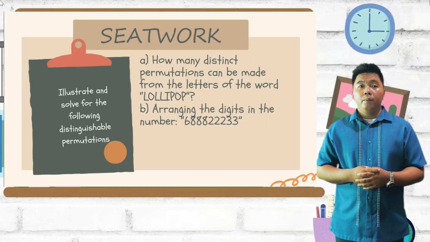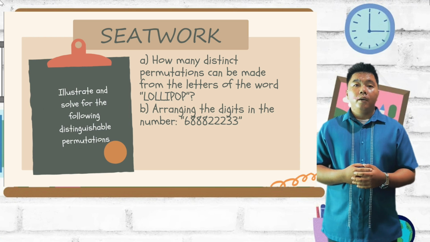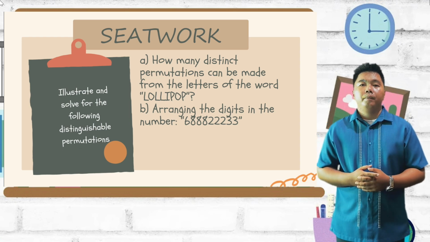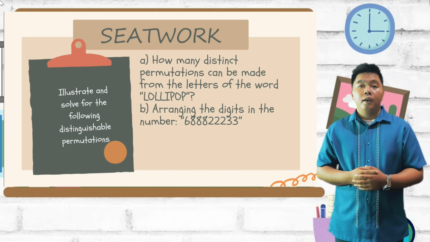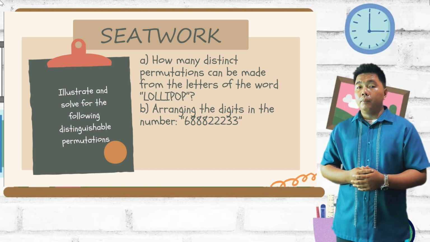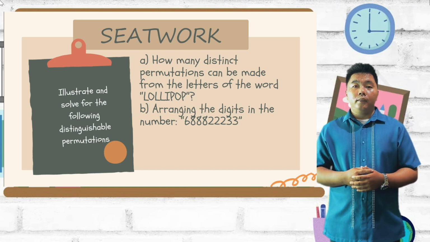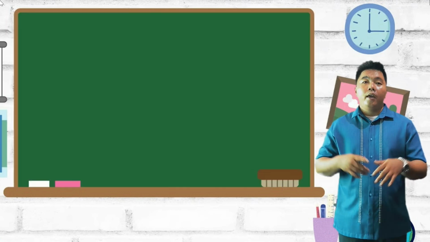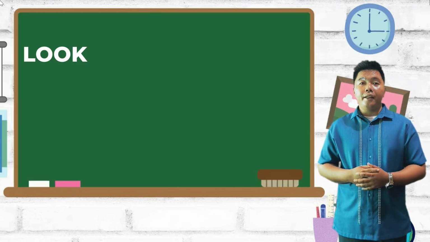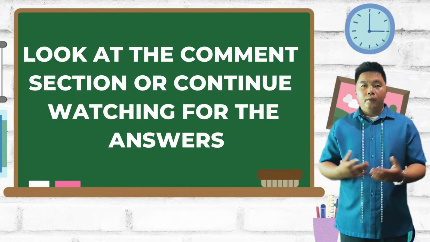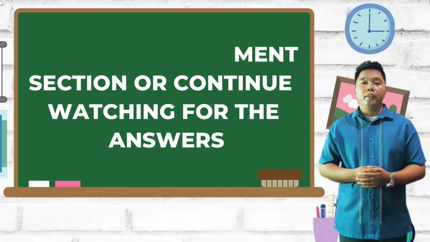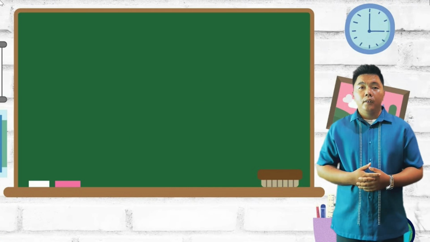For the first problem, letter A: how many distinct permutations can be made from the letters of the word lollipop? Letter B: arranging the digits in the number 6888222233. If you would like to check if your answer is correct, I'll be posting the answers on our wall.